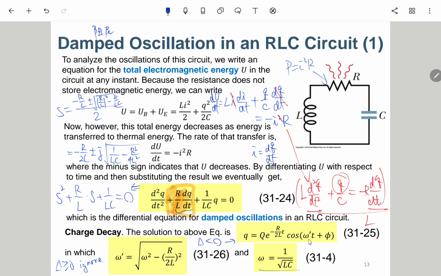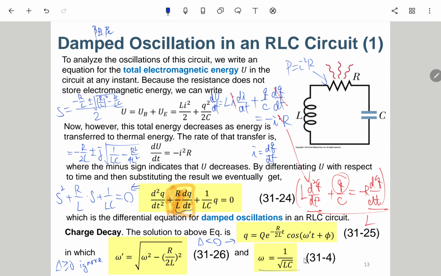So according to this characteristic equation, we can get the solution to be like this: capital Q times exponential to this part. This is the real part of this characteristic value, and this is the imaginary part of the characteristic value.